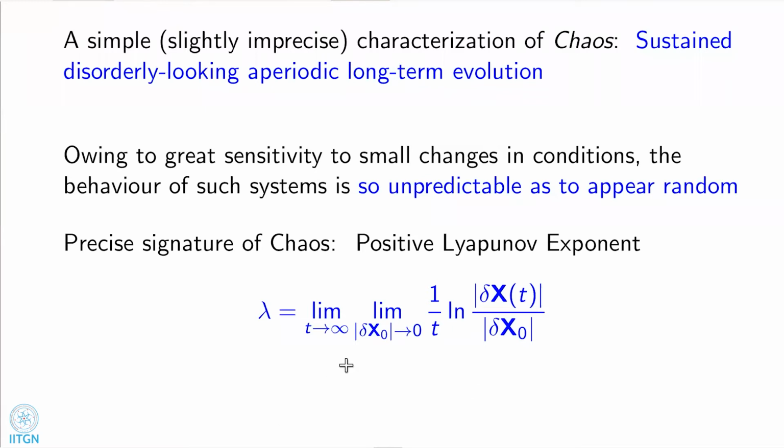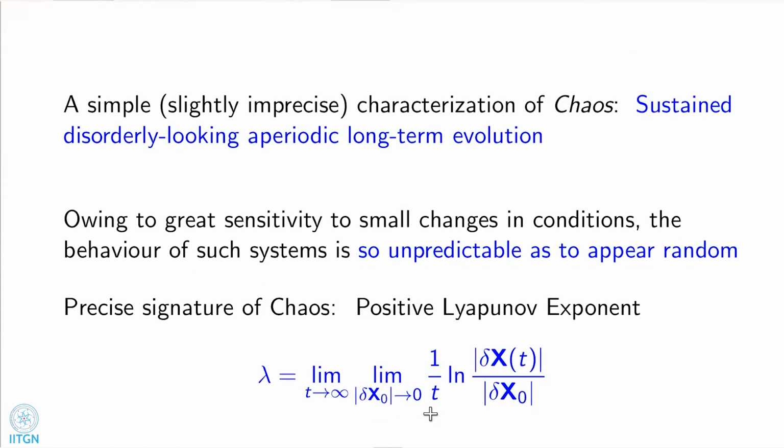One is that these trajectories have to be infinitesimally close, and the other one is, of course, t going to infinity. And for people who do this in numerics know that these two limits are quite difficult actually to reach with confidence. But it is the gold standard of quantitative measure of chaos.